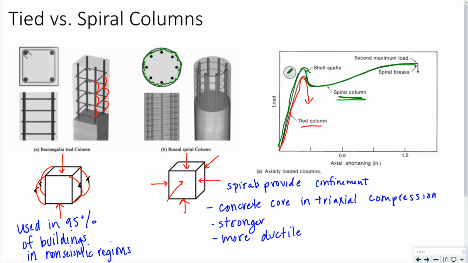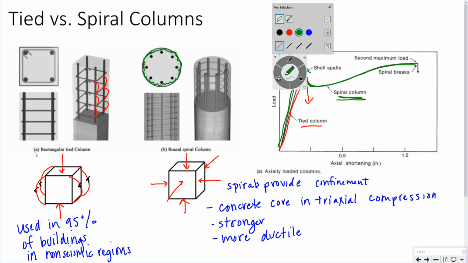So that's what I mean by more ductile, right? The tied column is basically, it looks like it's pretty much elastic then breaks, whereas the spiral column is elastic and then some plasticity with ductility, and then eventually the spiral breaks.